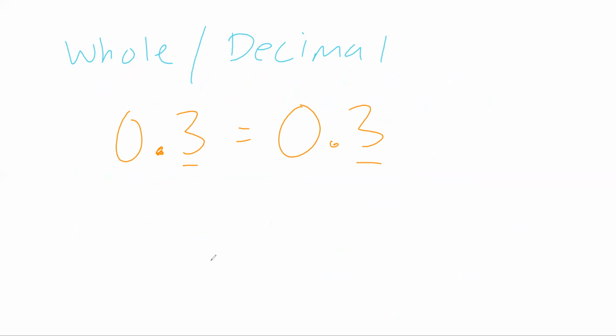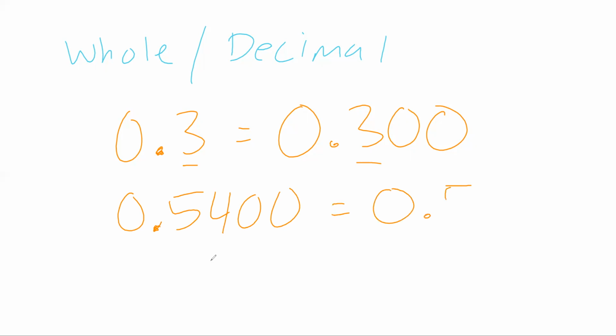But then these trailing zeros, that's the same: 3/10 and 300 thousandths are the same, because these zeros mean nothing. If I had 54 with some extra zeros, we could think of an equivalent way as getting rid of those zeros. That's the same. This is also the same.